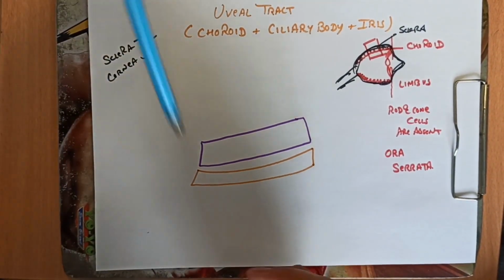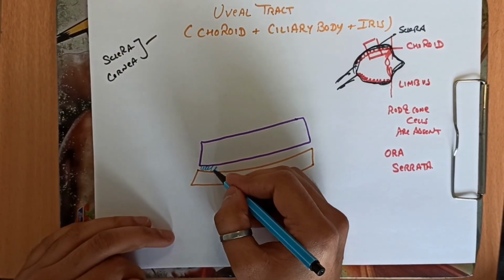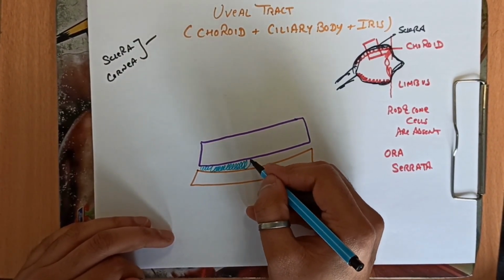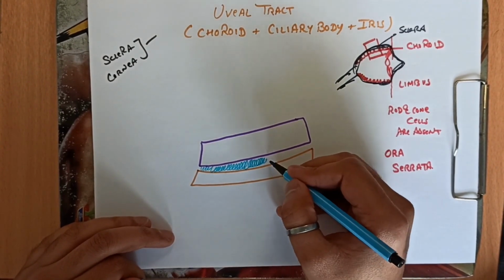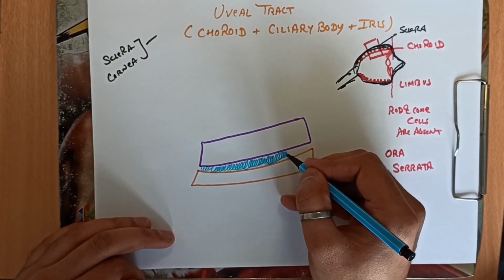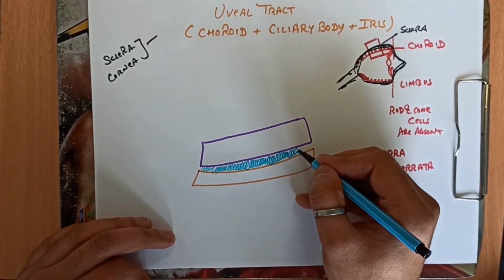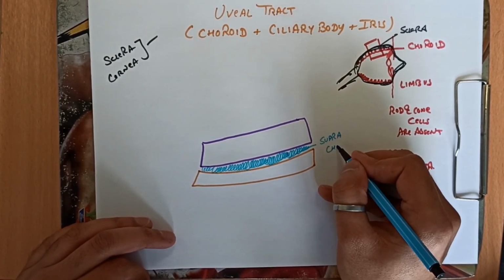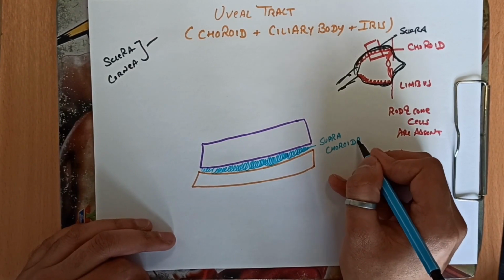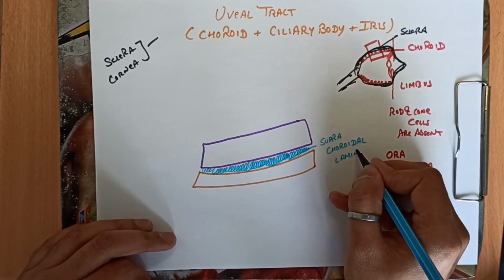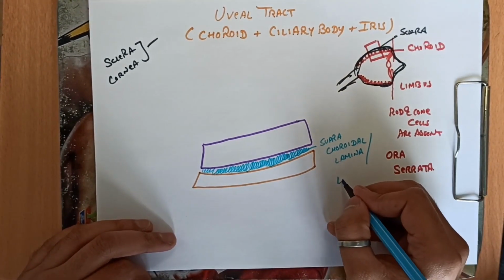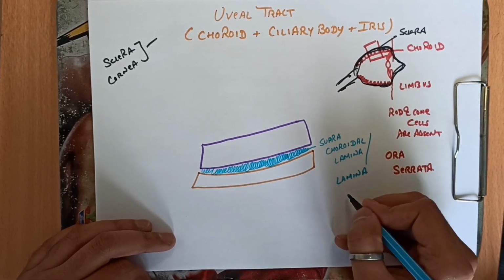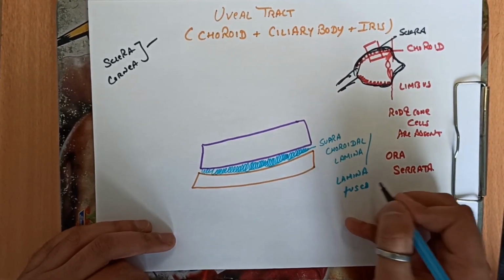Now I have already told you that in between the sclera and choroid there is a small lamina called the suprachoroidal lamina or lamina fusca.